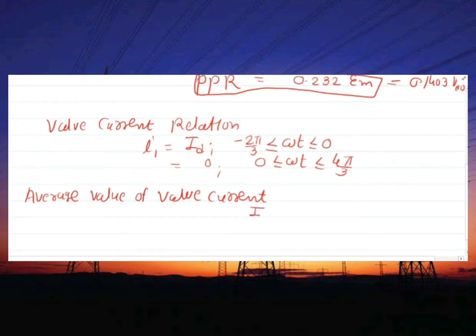I average 1 is equal to 1 upon the total time period, which is 2 pi, with the limits minus 2 pi by 3 to 4 pi by 3, of I1 d omega t.